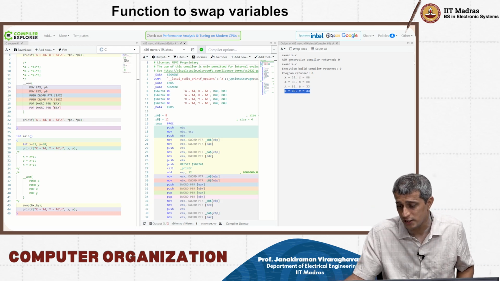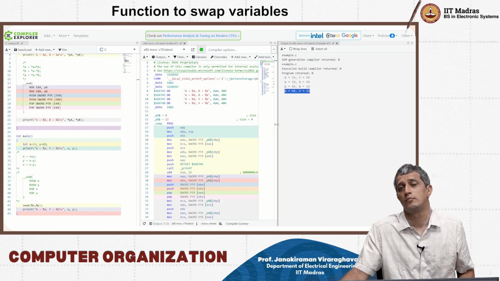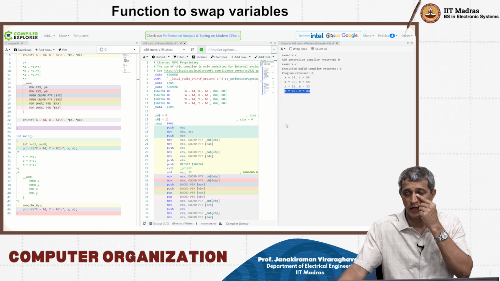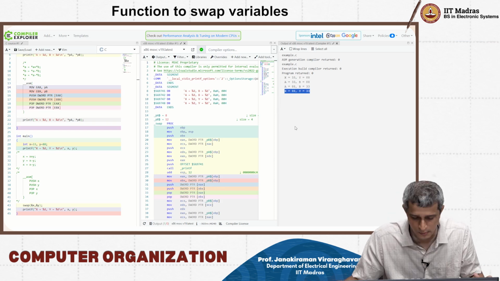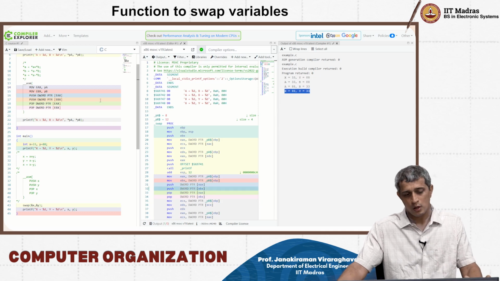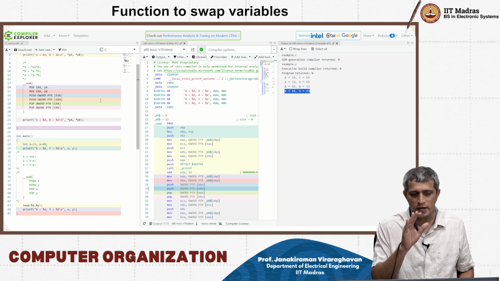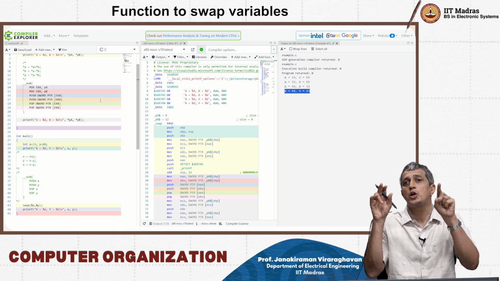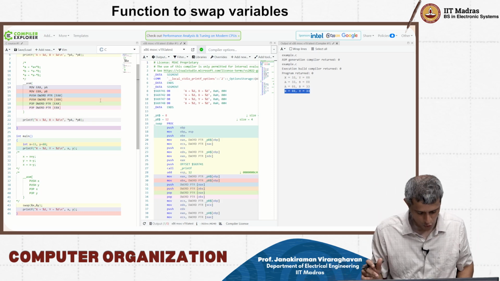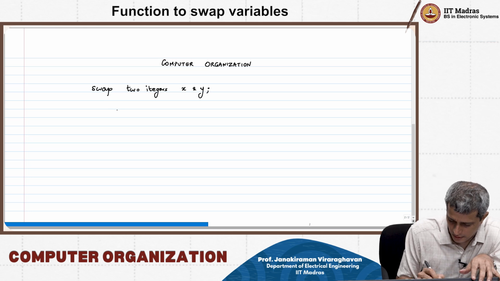That is why you see that the final x and y print also reflects a swap in the variables. So what it basically means is that with these pointers, you have to deal with data pointed to by these addresses.